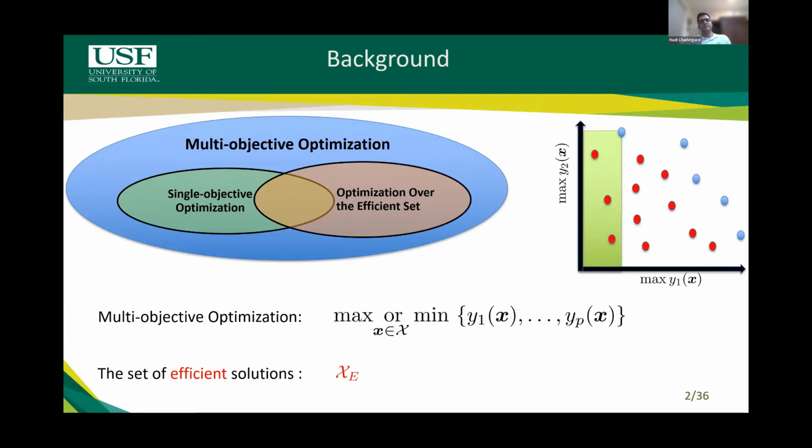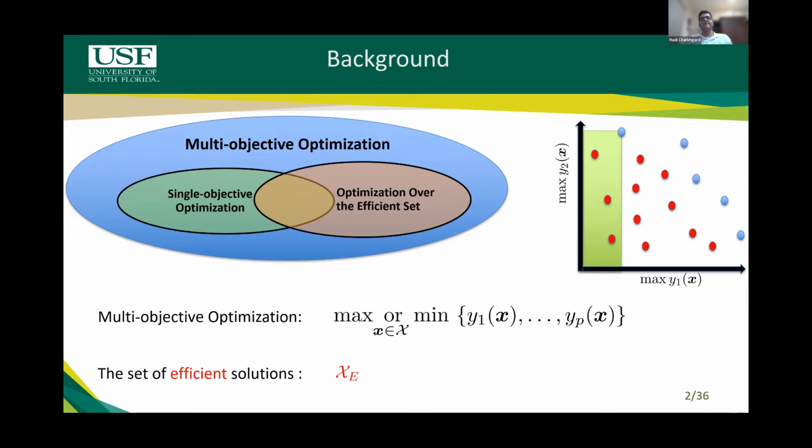I'm going to explain that a little more in a minute, but this research direction exists in the literature. When I was working on it, I started to ask whether this research direction has any intersection with the single objective optimization direction.